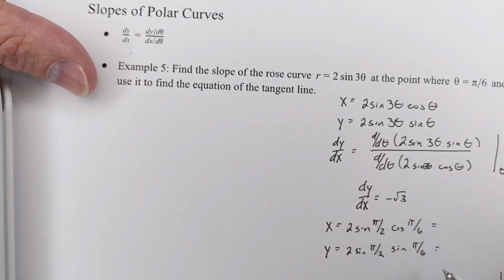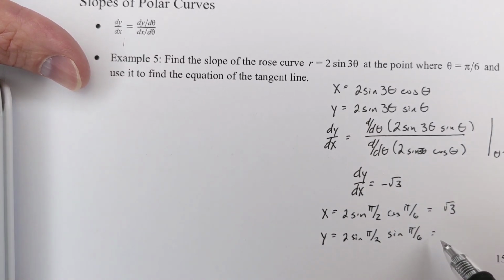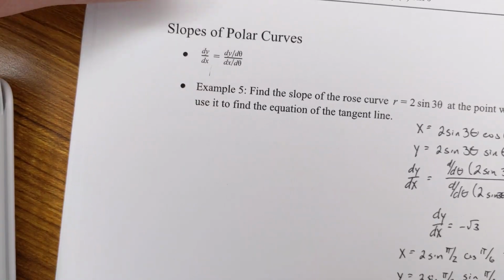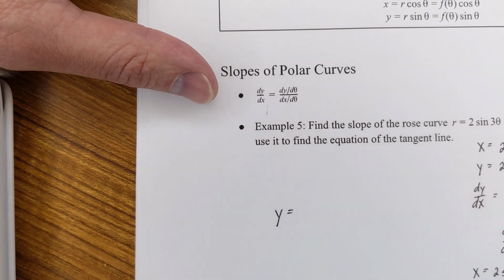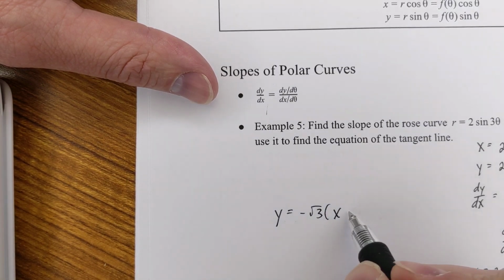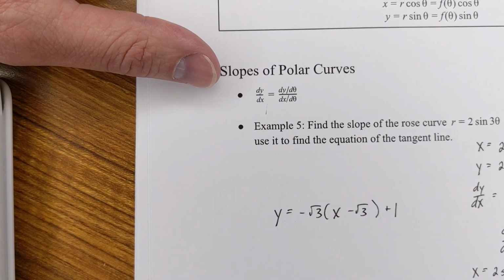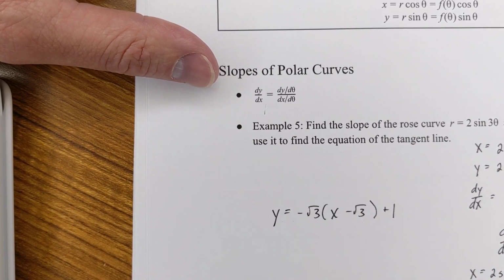So the x value ends up being root 3, and the y value ends up being 1. So the equation of the line is y equals m, negative root 3, times x minus my x value, root 3, plus my y value, 1.